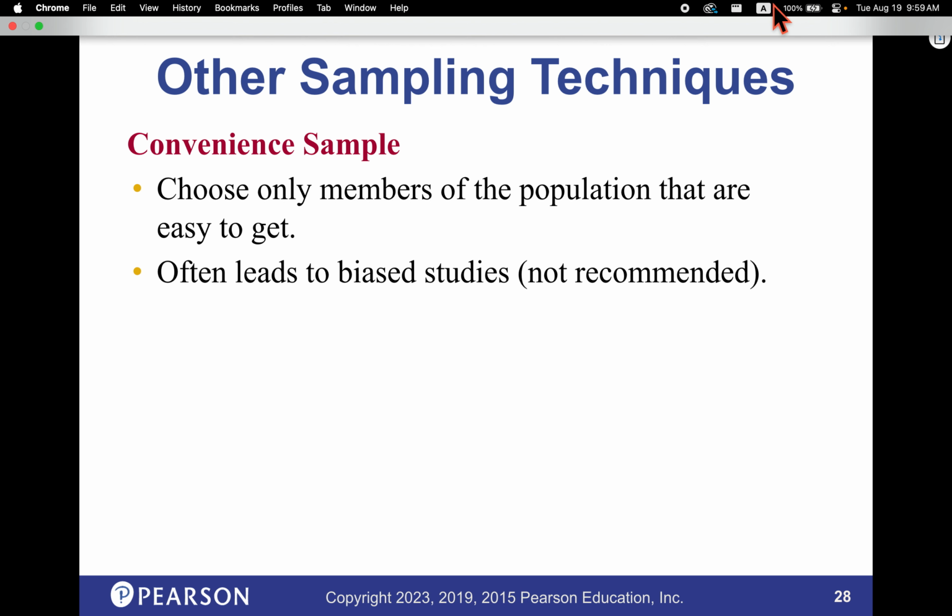Okay, so would it be safe to say that if I just use this group here as my sample, it might not be representative of the whole college? So that's why it often leads to bias.